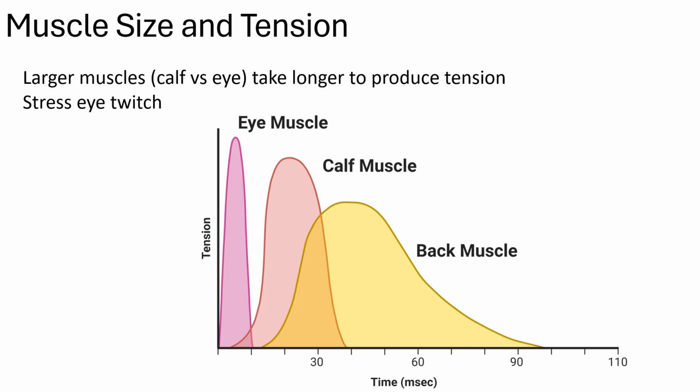The graph in the previous slide is what we would expect optimally from an average size muscle in your body having one muscle contraction. But in reality, larger muscles take a long time to get to their peak tension after the stimulus is applied compared to small muscles.